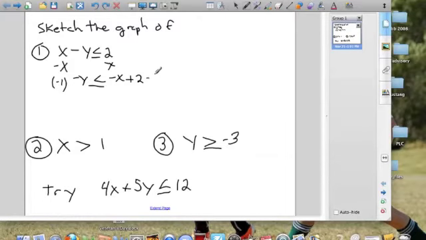Now, one of the key things here again is I'm multiplying an inequality by a negative 1 on both sides, so I have to remember to flip the inequality. So my inequality is y is greater than or equal to x minus 2. So I'm going to graph y is greater than or equal to x minus 2 on a coordinate plane.